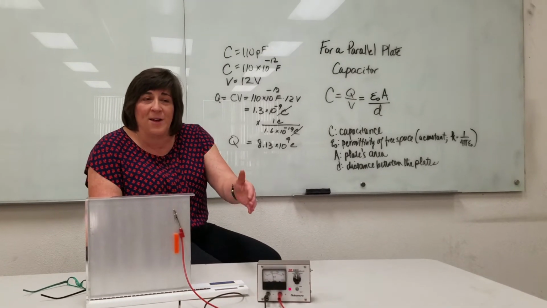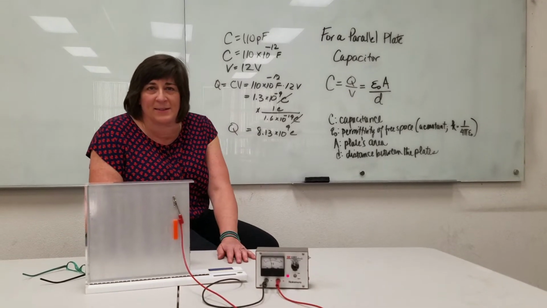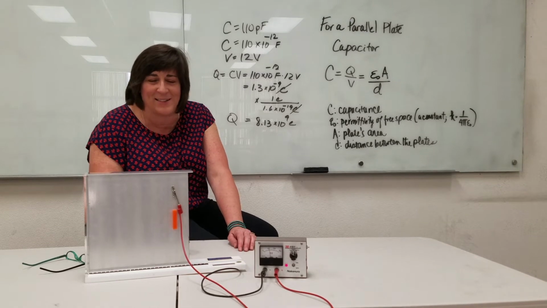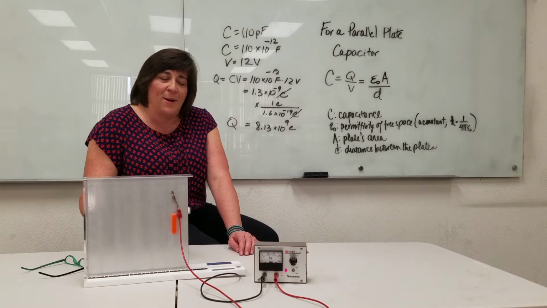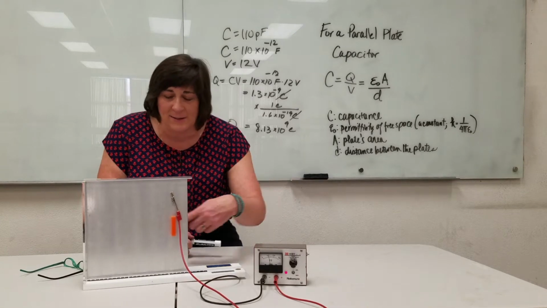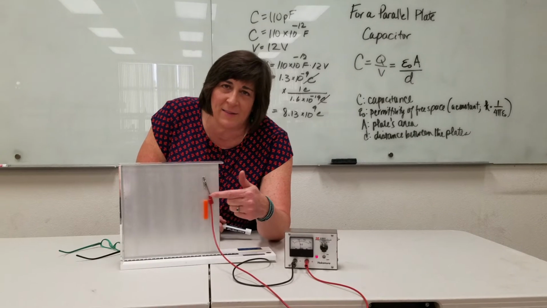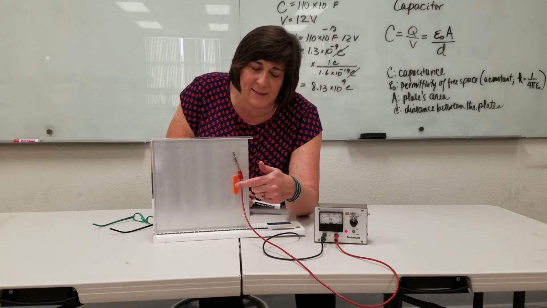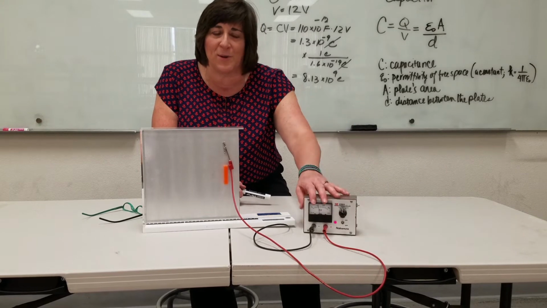But slowly, that many electrons, 8 times 10 to the 9 electrons, get built up on the negative side of the plate. Each time an electron goes onto the negative side of the plate, that forces one of the electrons that was on the positive side of the plate to exit the plate and flow through the red wire back to the positive terminal of the battery.